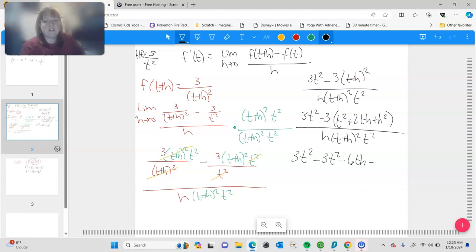Negative 3h squared, all over all of that. Okay. Now we notice that we have 3t squared minus 3t squared. That is 0. So now I'm down to negative 6th minus 3h squared over all of this.